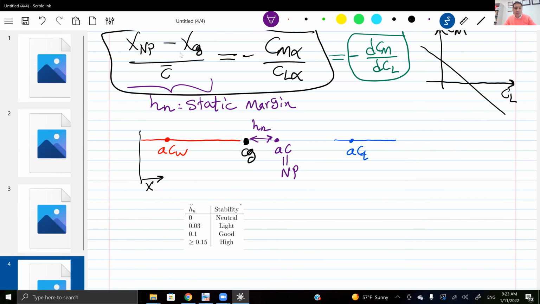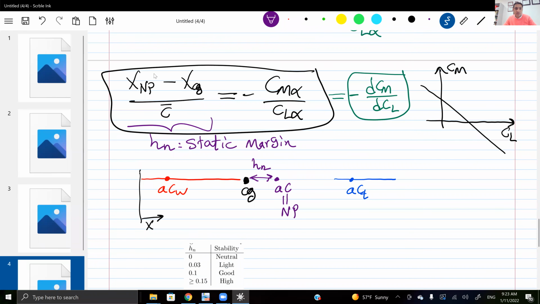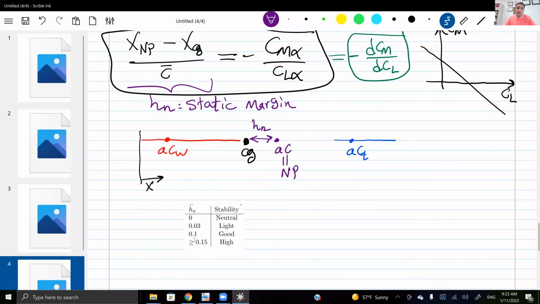Well, the static margin is the ratio between this distance and the chord of the airplane. So if the chord is, say, 1 to 2 meters, the 5% we're talking about translates to 5 to 10 centimeters. So this puts a huge demand on the weight and balance folks, so that they adjust the CG travel.